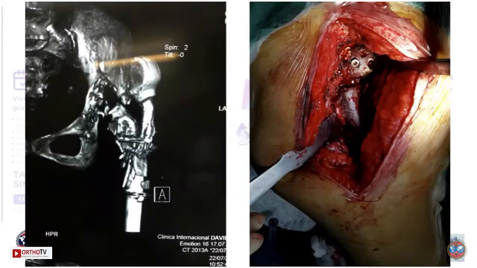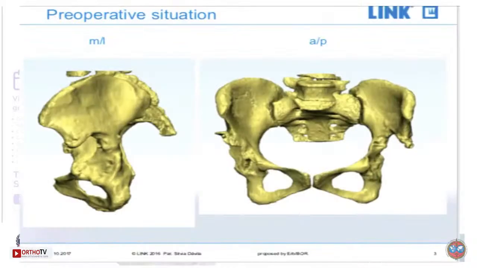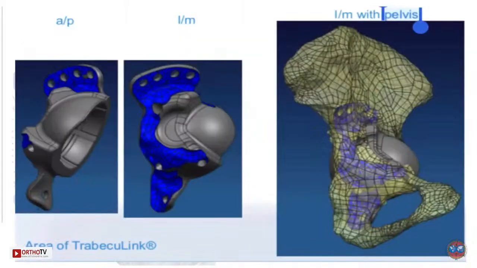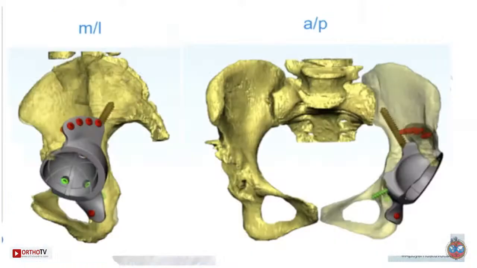This is a specific case, for example, when you have big destructions. In the preoperative planning, you decide to descend to the right acetabular center of rotation. You have different options to place the screws, to put them in the ischium and the pubic rami.